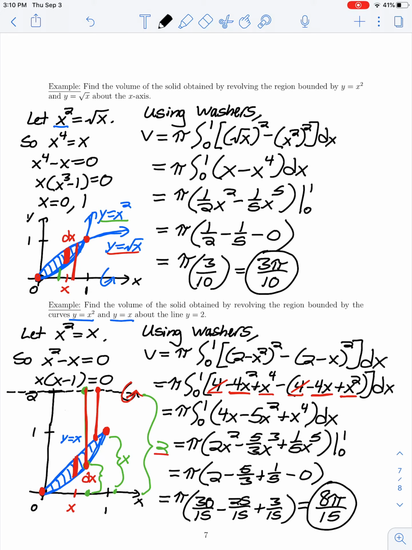So we see it's a little bit trickier in the case that our axis of revolution is not the x-axis or perhaps the y-axis, but where we might have to revolve about some other horizontal line. It's a little trickier to find an expression for the outer radius or the inner radius of that washer.